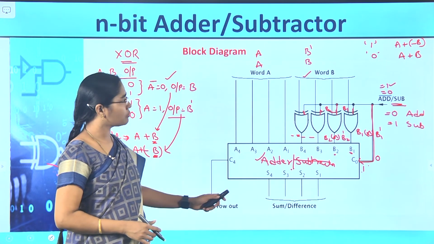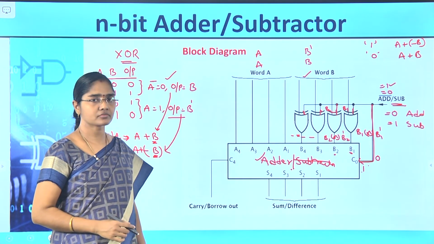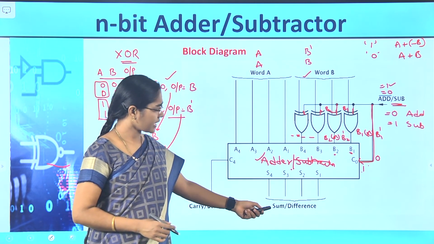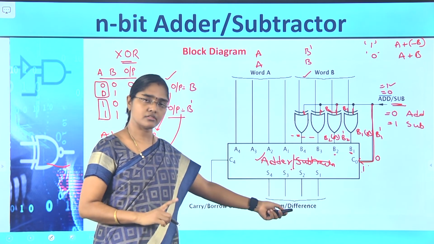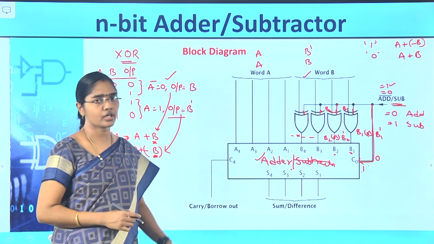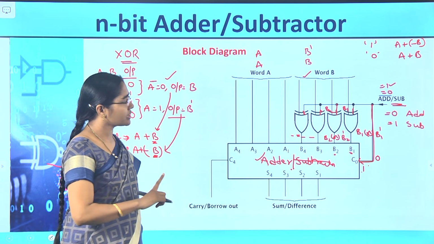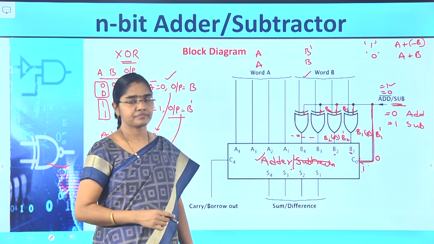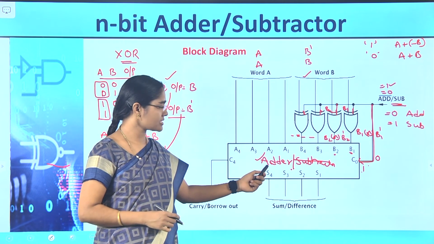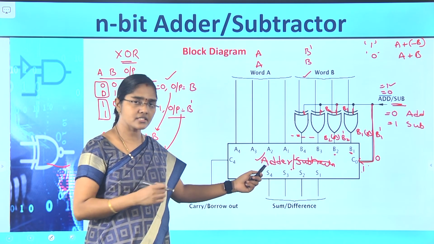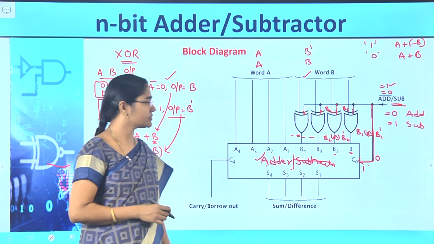This is the block diagram representation. The output is taken as sum and carry out if addition, or difference and borrow out if subtraction. Then if it is replaced with the logic diagram, how will the logic diagram look? Just simply replace this adder with a ripple carry adder block. See the logic diagram.